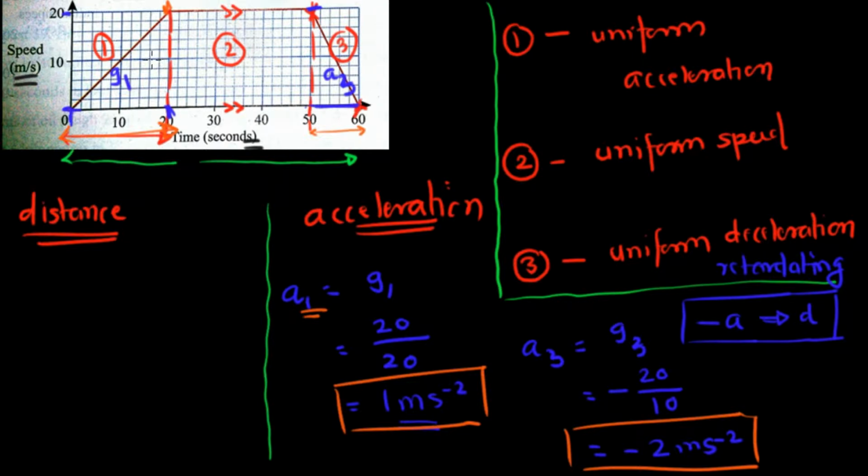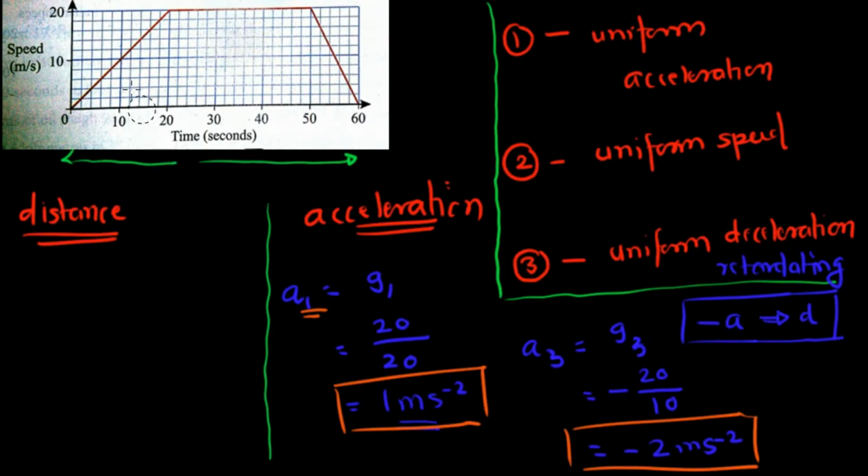So let me just clear out those markings on the areas. Yeah, that seems fresh now. Okay, so let's get started. In order to calculate the distance, what I need to calculate is the area below the graph that I already have. That means the shaded portion from this end to the other end.